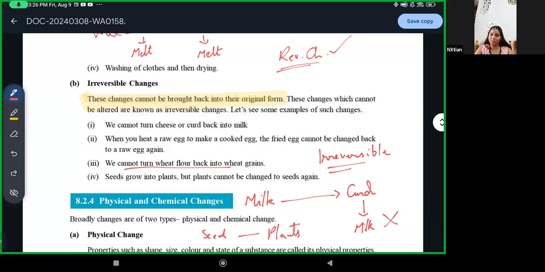No, it's an irreversible change. Like we are a baby, and when we grow up we become a teenager, then an adult. Can an adult become a baby? By behavior he can, but by actual physical form, actual state, he cannot. So it is an irreversible change.